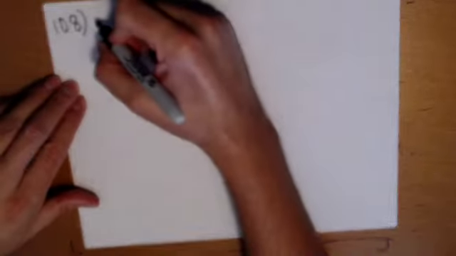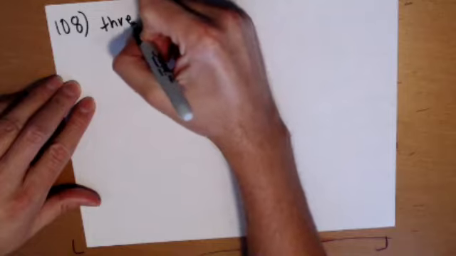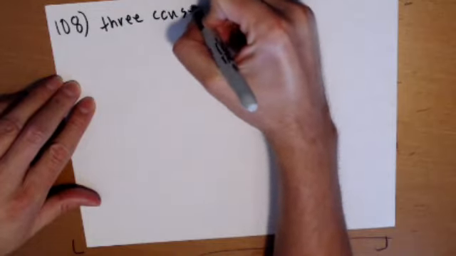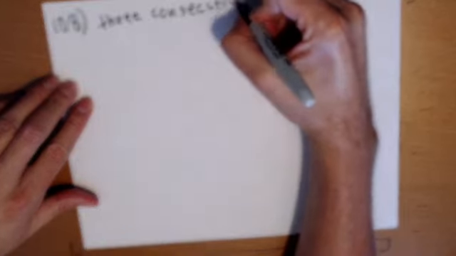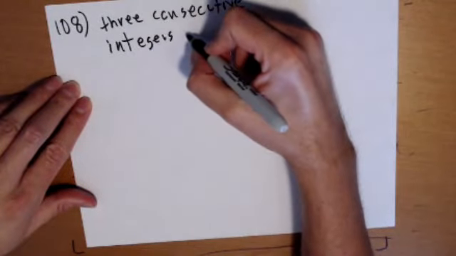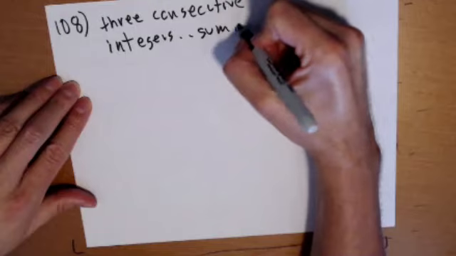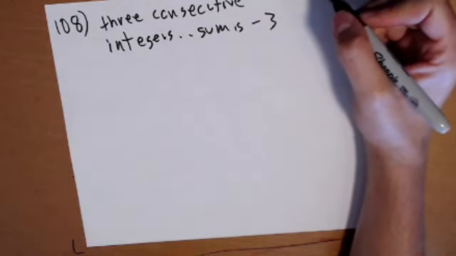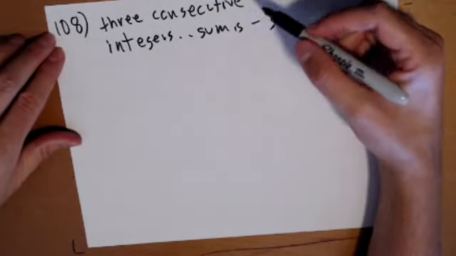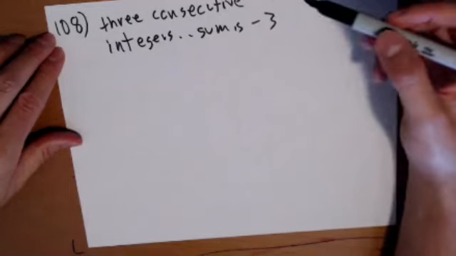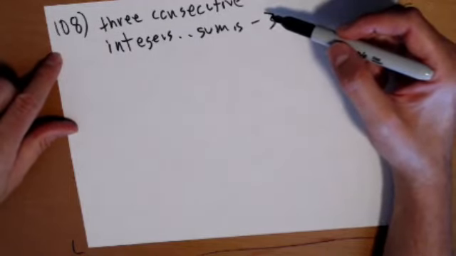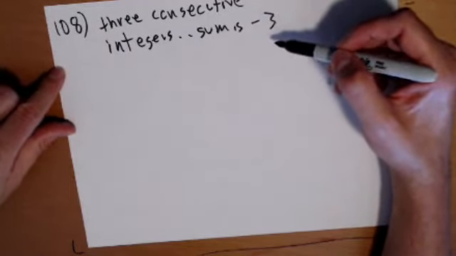Folks, continuing with the fun, problem 108 says we want 3 consecutive integers whose sum is -3. Okay, so 3 consecutive integers. We also have problems with 3 consecutive even integers or 3 consecutive odd integers.